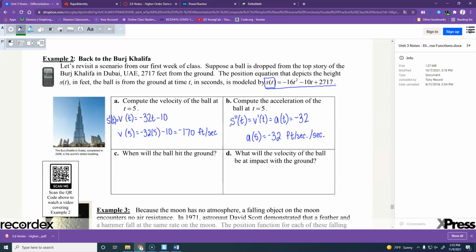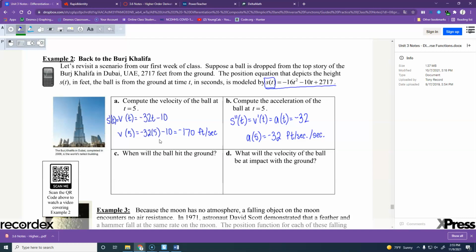Yes, forever, if there is no air resistance or it doesn't hit the ground. Yeah. Right. So this would have to be in a vacuum. Yeah, if we had some sort of vacuum tube. It would, and we'll see that on the next problem. So it's going to be different.